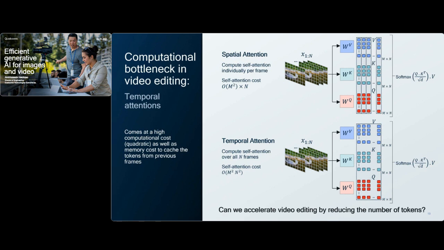When doing the spatial attention, the self-attention is conducted individually per frame. That comes at the cost of m squared for each frame, which should be multiplied by n, so in total m squared n.